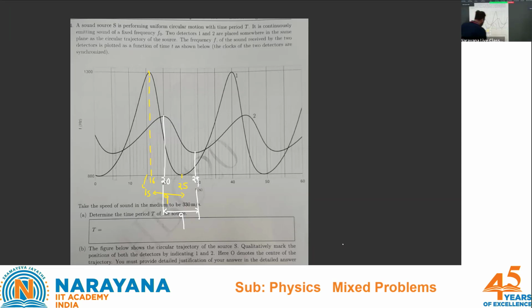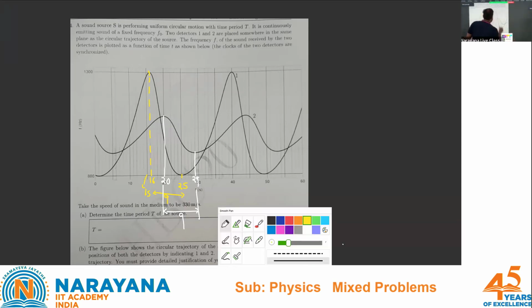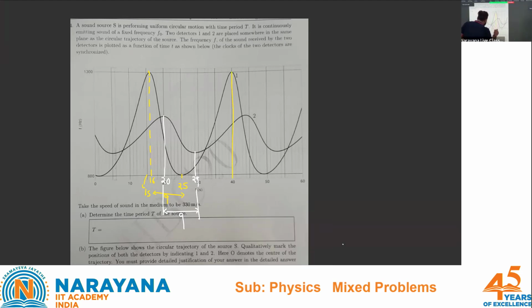Now, if you look into his peak again, when he goes down and then again attains the peak, this value is 40. So basically you have gone from 16 to 40, which is 24 seconds peak to peak, and peak to min 9.